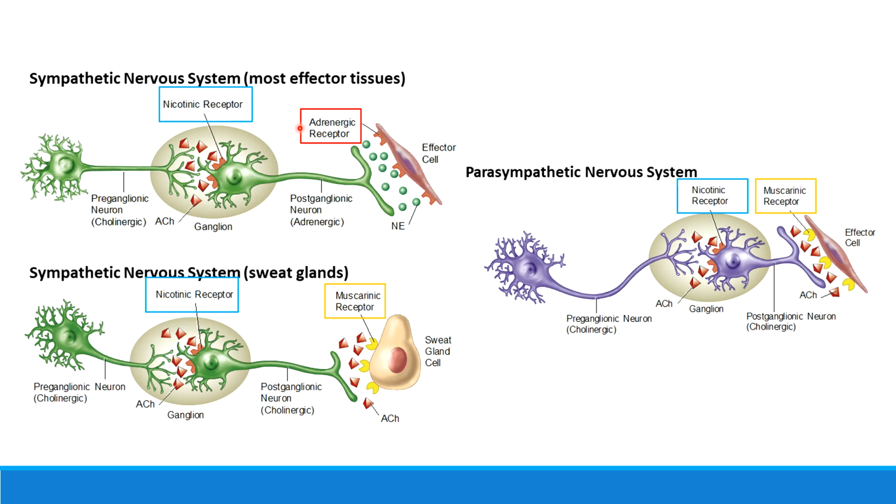That could be an alpha 1, an alpha 2, a beta 1, a beta 2, depending on what I'm spitting out and what kind of effect I have, I'm going to be attaching to an adrenergic receptor. Make sure as you're learning about these different types of neurons and how they communicate, that we know what kinds of neurotransmitters they send, as well as the kinds of receptors that we find on their target cells.